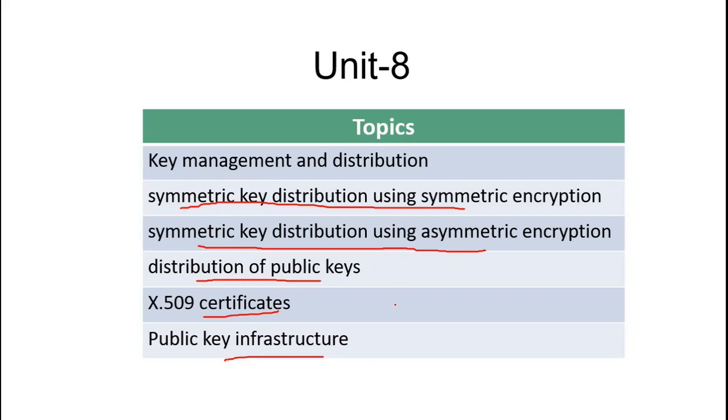In terms of key distribution, suppose there are n devices located in the network, or n parties for the communication. There is a requirement of n into n minus 1 by 2 keys, and generating this many keys is very difficult. That's why we used the key distribution center at that time.